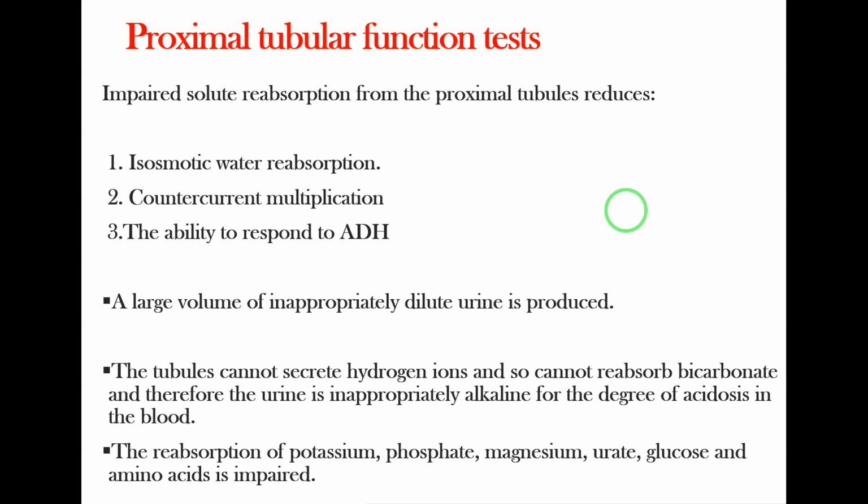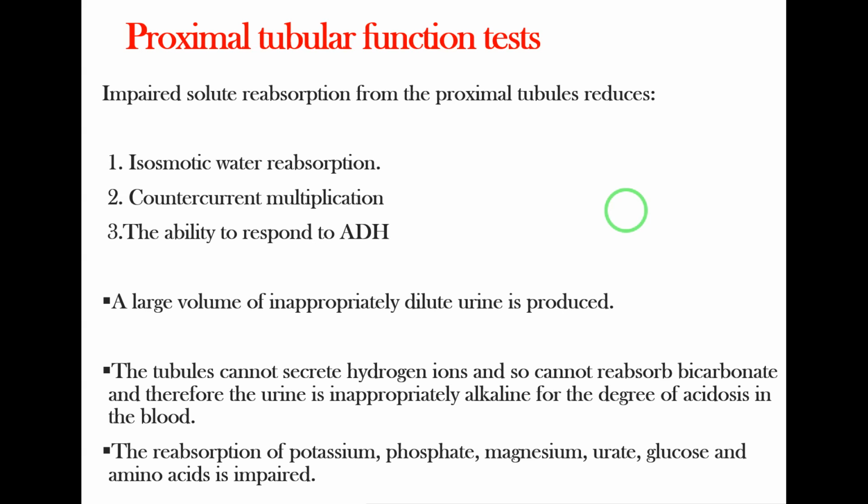In the proximal tubule, about 70 to 80% of the water filtered from the glomerulus is reabsorbed, which is equal to about 140 to 160 liters per day.